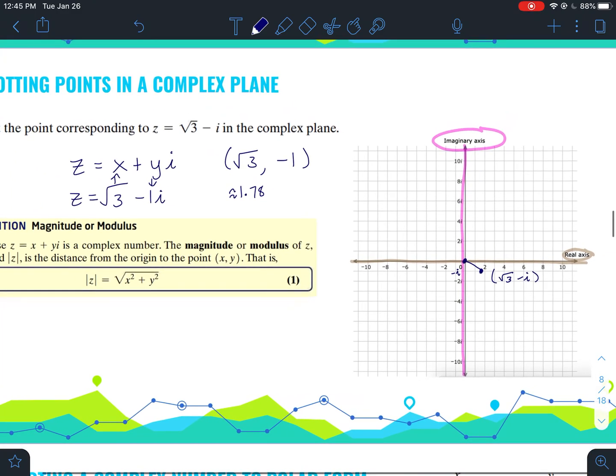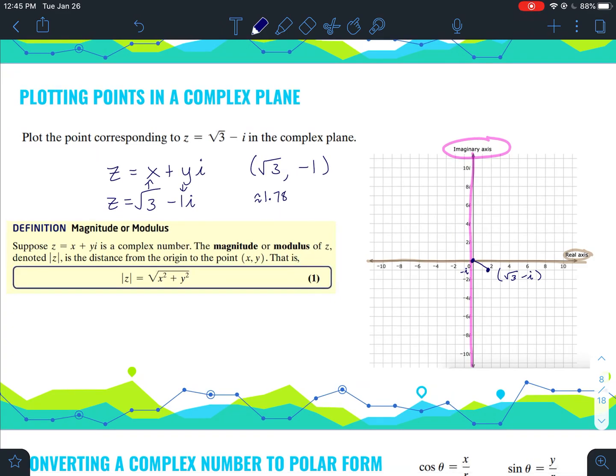If you want to find the magnitude or the distance between that point and the origin, you use the magnitude of z. That's not the absolute value. It's kind of like a vector. It's going to be the magnitude. It's going to be the square root. You take the real part squared plus the imaginary part squared, or the coefficient of the imaginary part. So in our example, we're going to take the square root of the square root of 3 squared plus negative 1 squared.